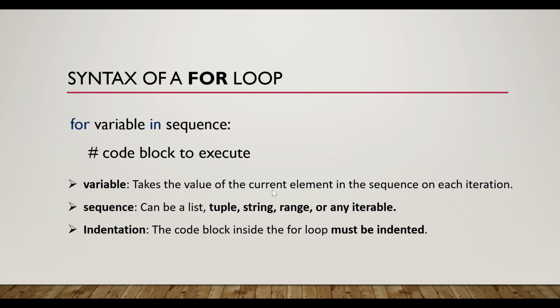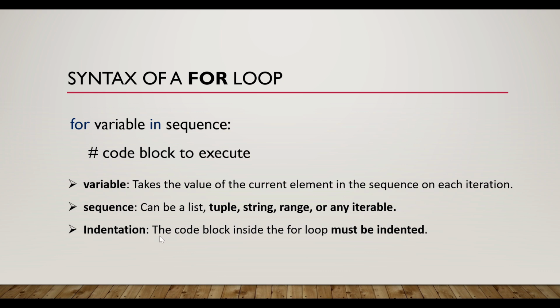As I showed in the example, each item is the element stored in the variable. The sequence can be a list, tuple, string, or range. The complete list is called the sequence. Whatever example we saw is a particular sequence: a list, string, range, or any iterable.